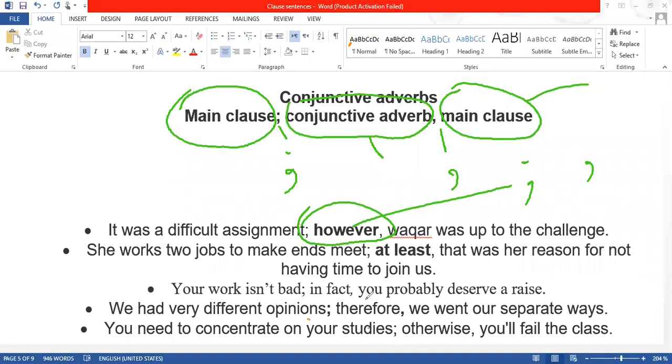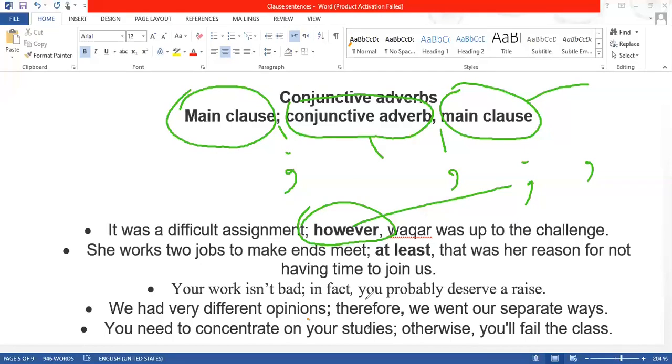So these conjunctive adverbs, you have to understand that there are so many, and it's very interesting and stylistic if you can use them. It brings logic in your sentences. These are also called connective words, because they connect one idea with another in a very coherent way.